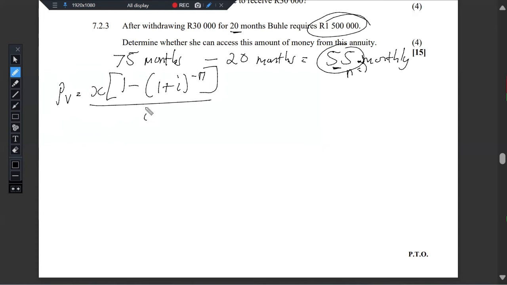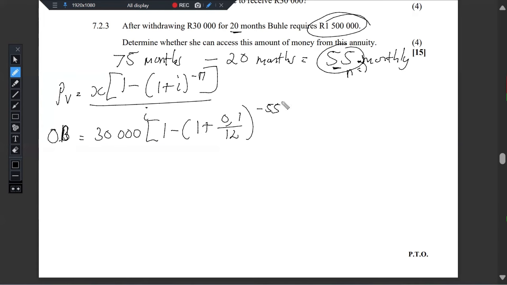Then over i, the x, she's still trying to withdraw 30,000, and then 1 minus 1 plus 0.1 over 12. And then now let's check. We are trying to check the outstanding balance. So let me edit this. We are trying to check the outstanding balance for the remaining 55 months.